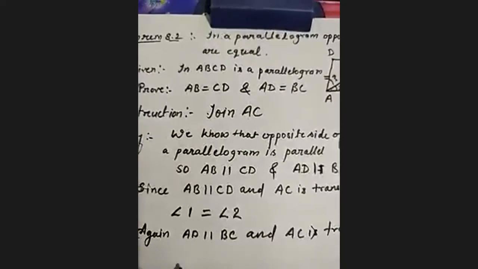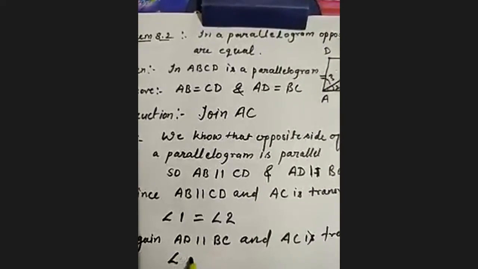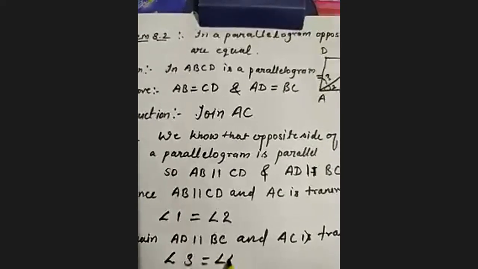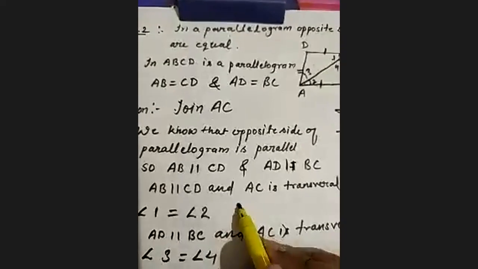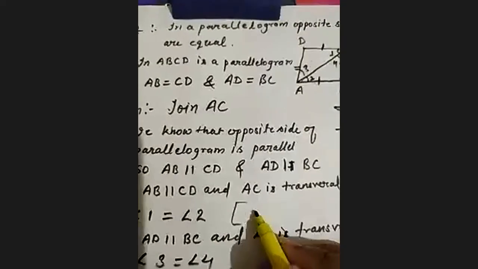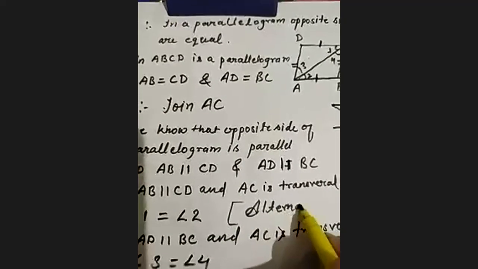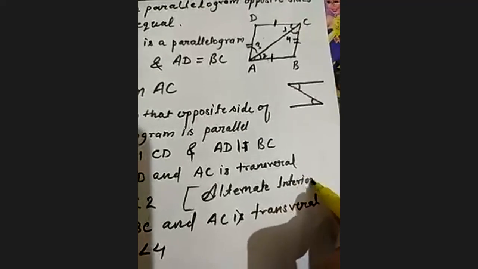That means angle 3 is equal to angle 4. Angle 3 is equal to angle 4. You can write this here. How? Because they are alternate interior angles.